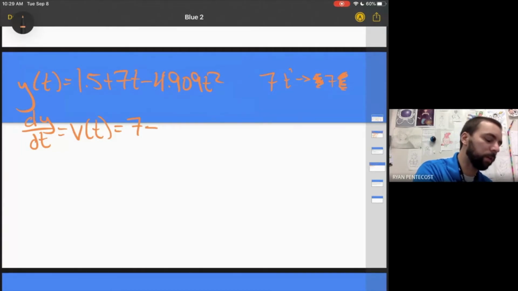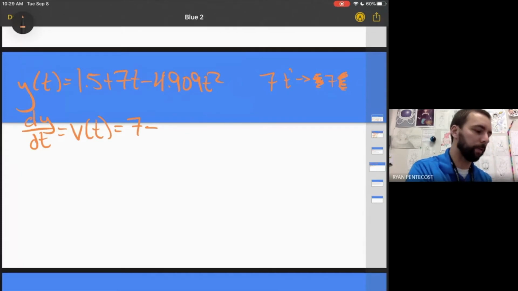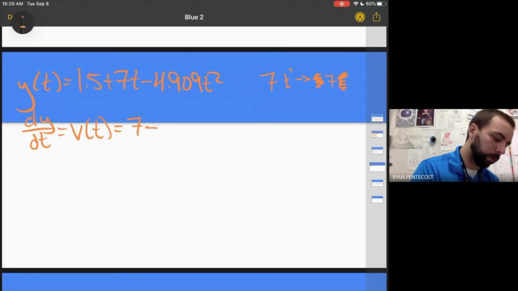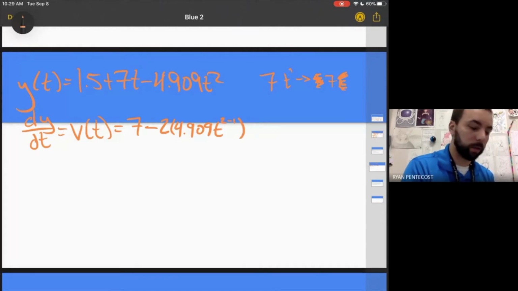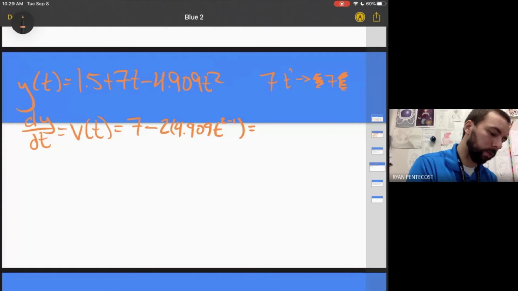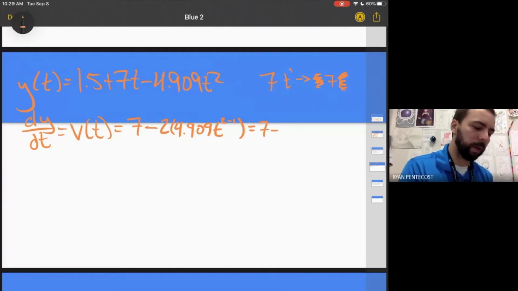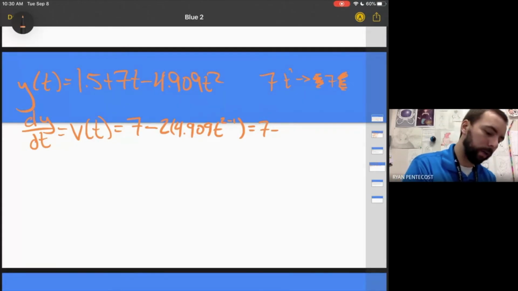Now let's do the next term, 4.909 t squared. If we were to do this, you bring your 2 down times 4.909 t to the 2 minus 1. So t to the 2 minus 1 is just t to the first. So this would give you 7 minus 4.909 times 2 should give you 9.81, so minus 9.818 t.